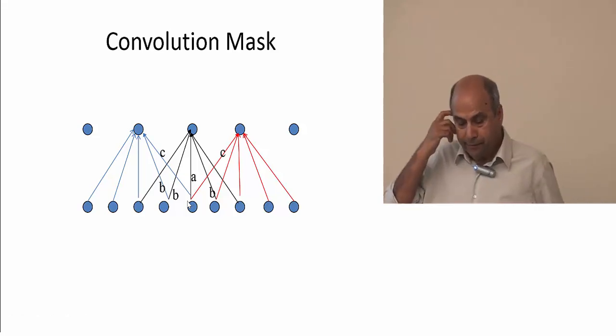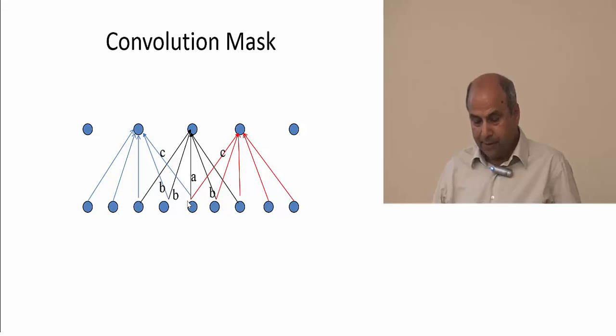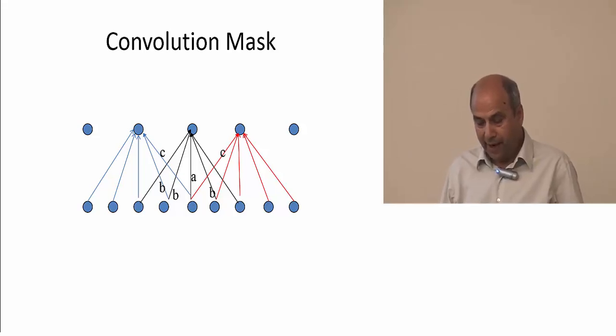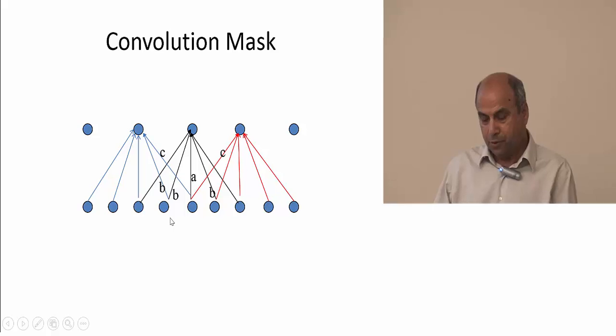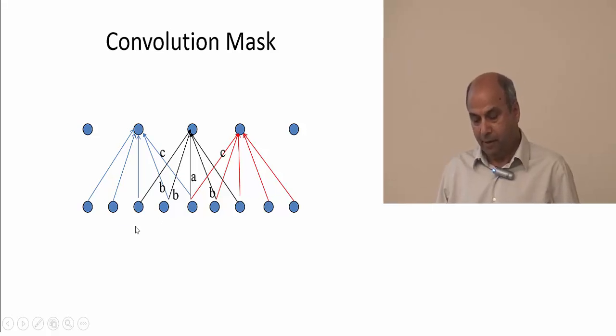Now we have to look at what kind of pixels we have at the lower level. One is this pixel, which is contributing A, C, C, so it's contributing A plus 2C. There's another pixel which is contributing B, B, which is 2B. And that's it. There are 2 kinds of pixel actually, if you look at all of these.